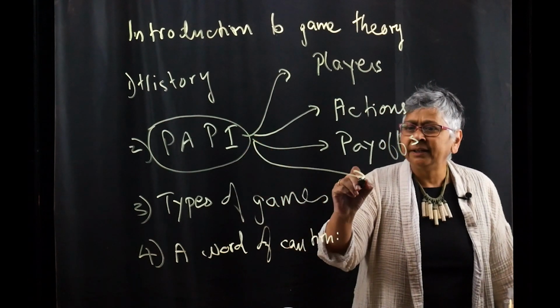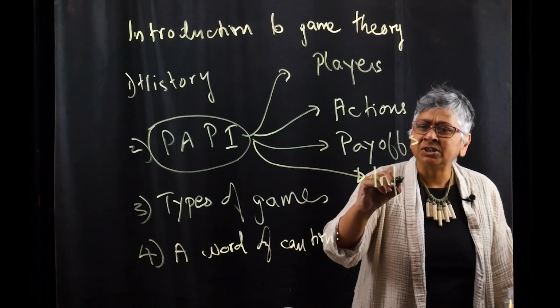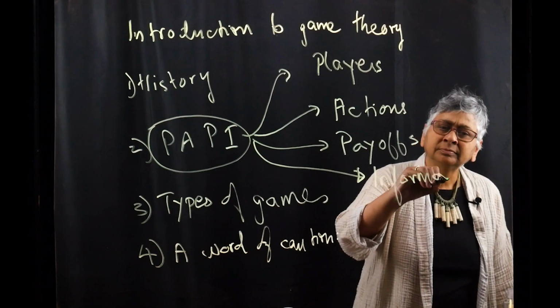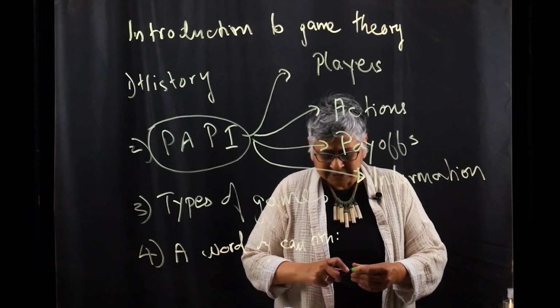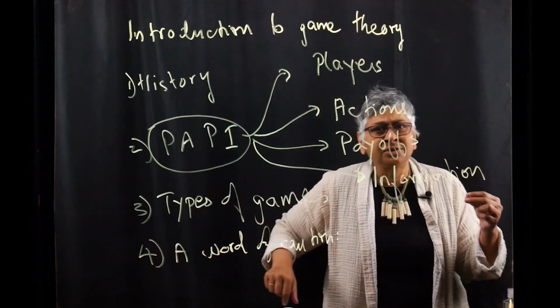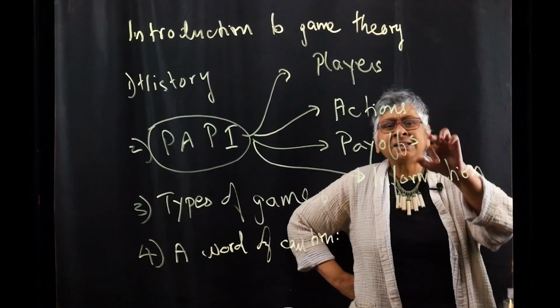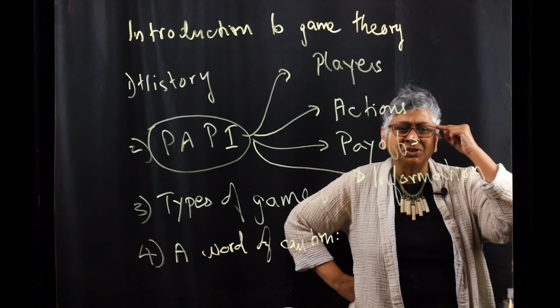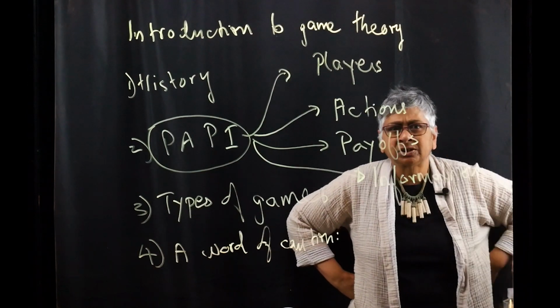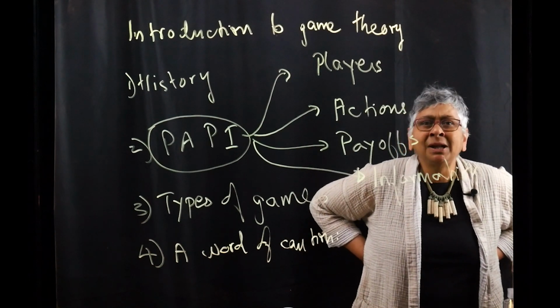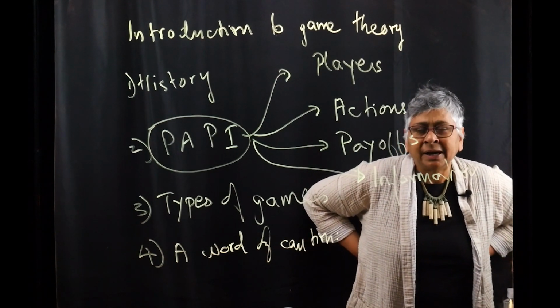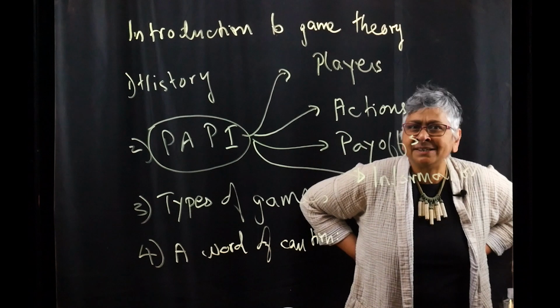And then finally, you need information. And this is a set of rules inbuilt into the game, which is related to the strategies you will use to come up with actions. So a game like bluff or a game like poker, I don't know what the other person's hand is like.